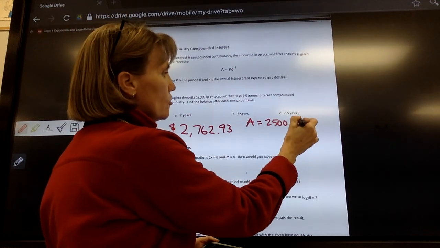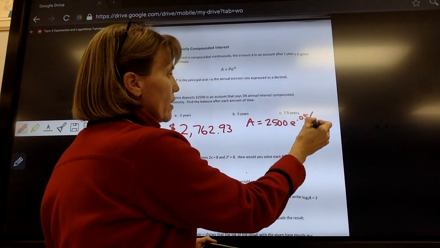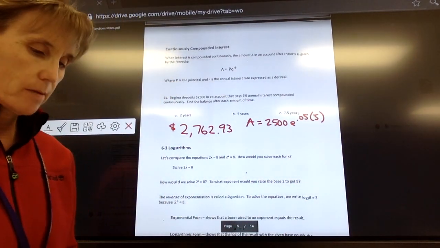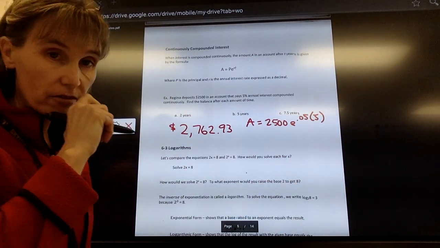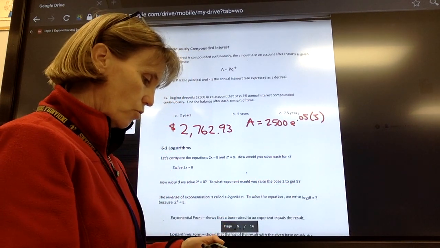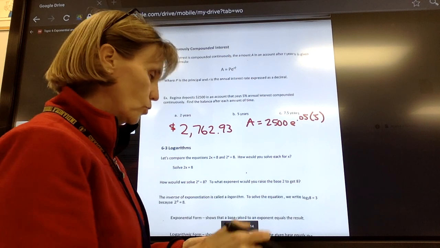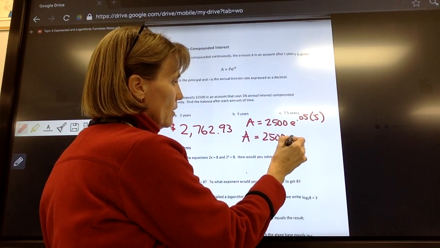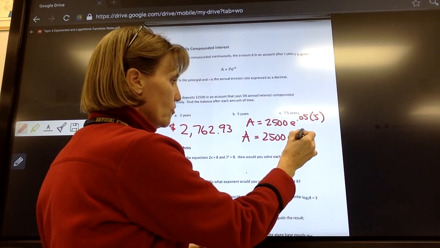My interest rate is still 0.05, but now I take it times 5. The only thing that has changed is my amount of time. And again, when e is involved, you want to evaluate that exponent first. So 0.05 times 5 equals 0.25, and this is 2,500 e raised to the 0.25.